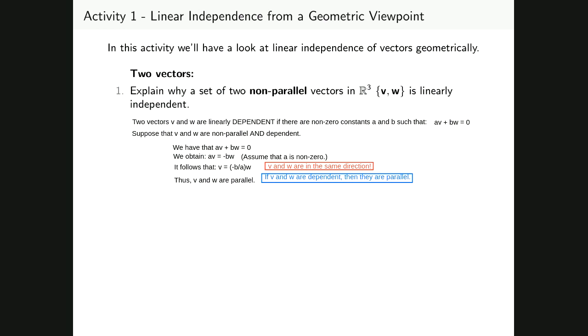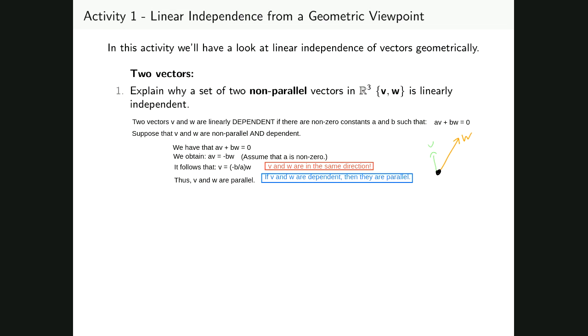Okay, I just want to draw a picture of what's going on here to clarify geometrically what's happening. So we've got our two vectors. There's v. There's w. And if these are pointing in different directions, right, then they are linearly independent.